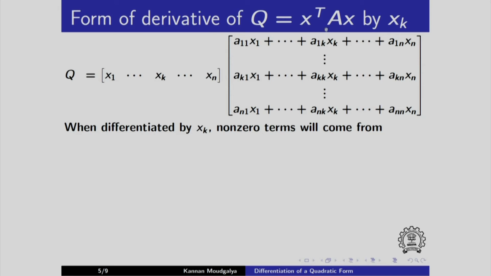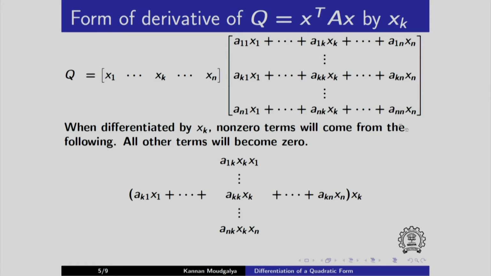So there will be a contribution from here because xk comes here, and there is an xk here because it is multiplied by this xk. So as a result, we write like this. Non-zero terms will come from there. These are the terms that have xk that corresponds to this, and this row gets multiplied by this xk, and hence I have that row as well.